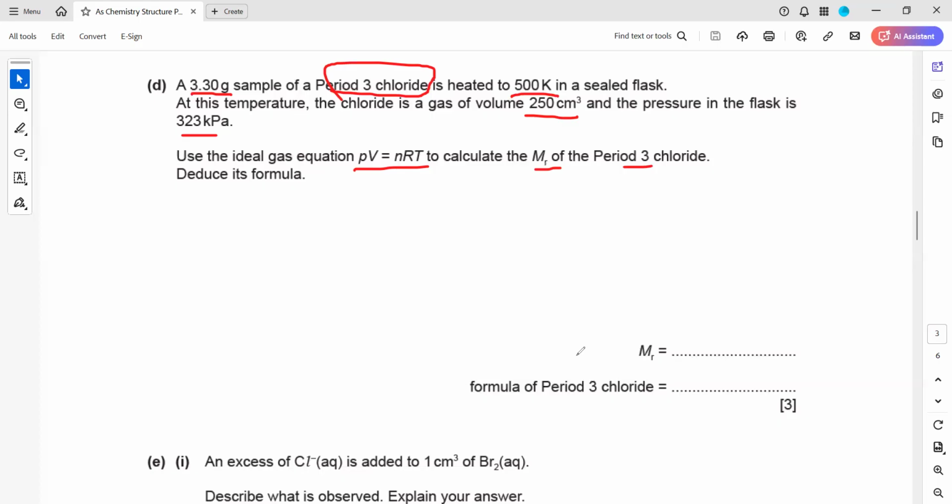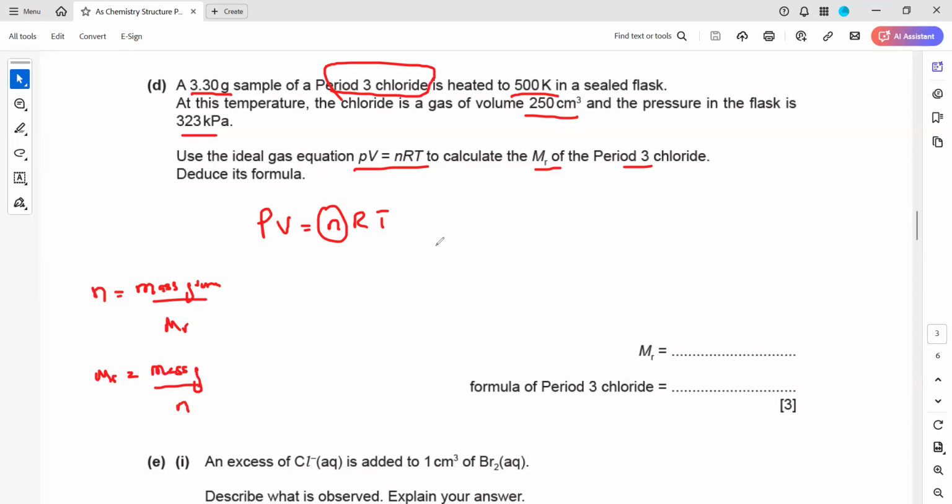We have PV equals nRT. And using PV equals nRT, we are finding the moles. And after finding the moles, moles equal mass in gram divided by the molar mass. So if we need the molar mass, that will be mass in gram divided by the moles.